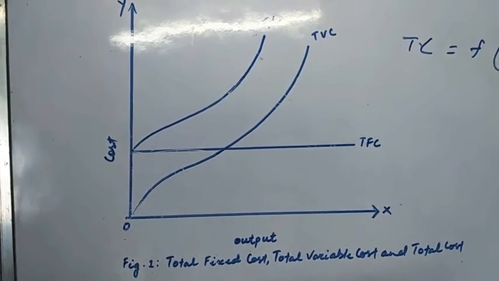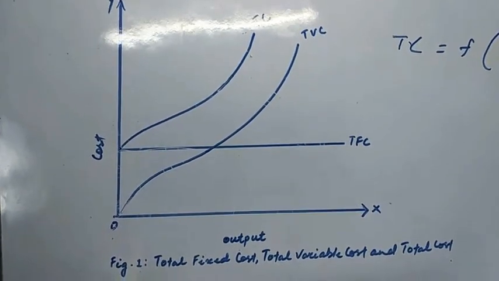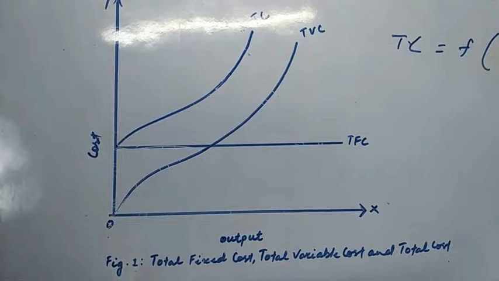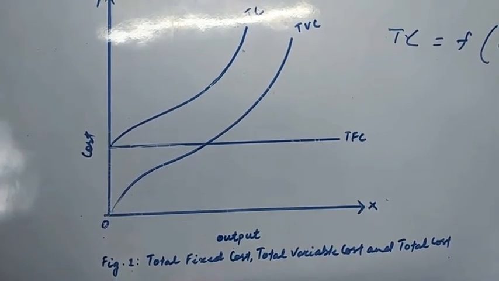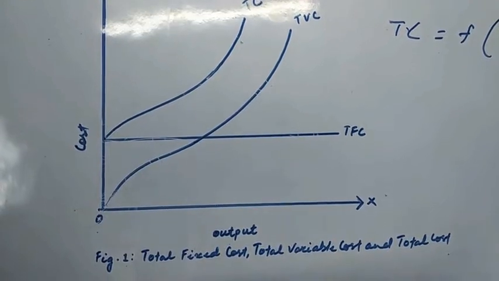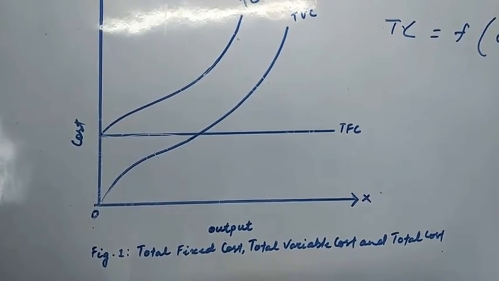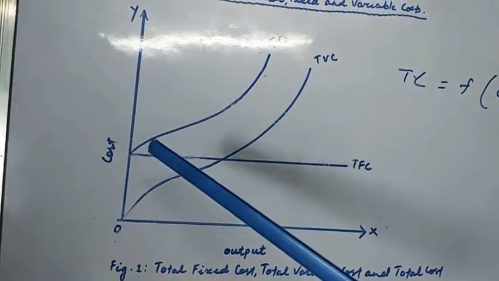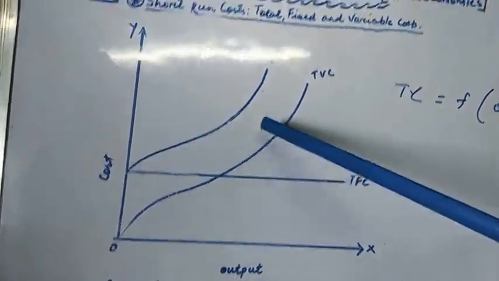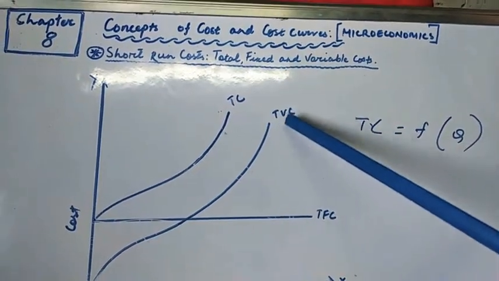Why? Because the vertical distance between the TVC and TC curves represents the amount of total fixed cost, which remains unchanged as output is increased in the short run. So what is the meaning of the constancy of the gap between total cost and total variable cost?